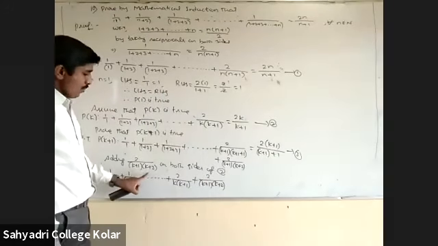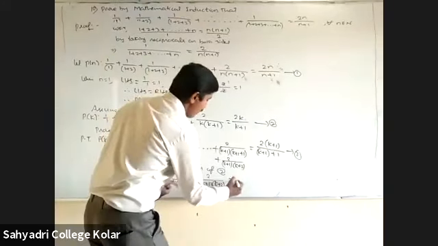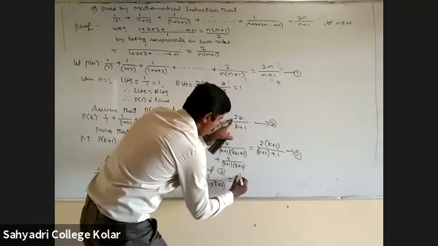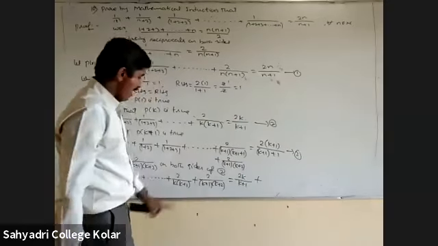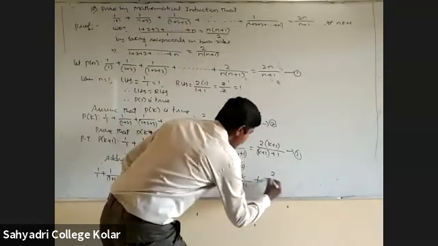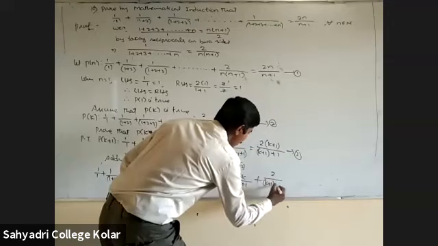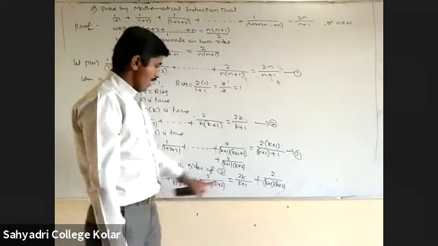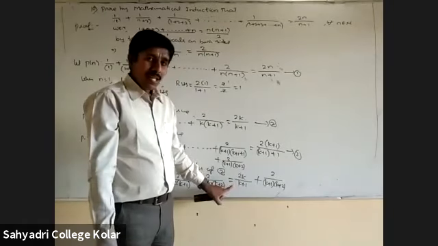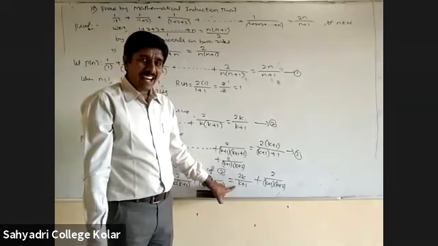Equation 2 RHS: 2k divided by (k plus 1), plus I am adding this term, 2 by (k plus 1) into (k plus 2). So I am simplifying the RHS.